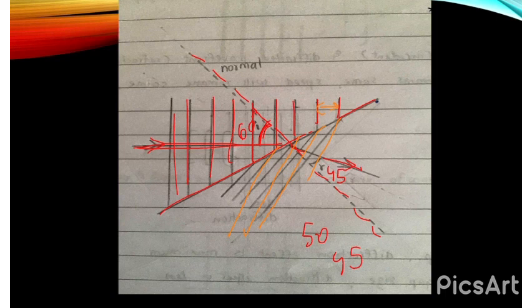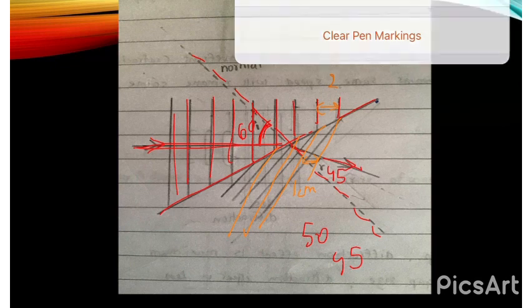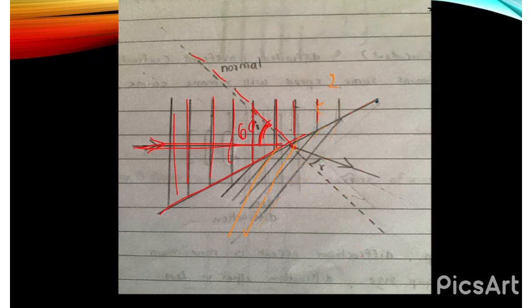For example, if this is 2, then this one should be only 1. So like that we'll have to draw, and remember again that your refracted and reflected wavefronts should always be 90 degrees to the refracted or reflected ray.